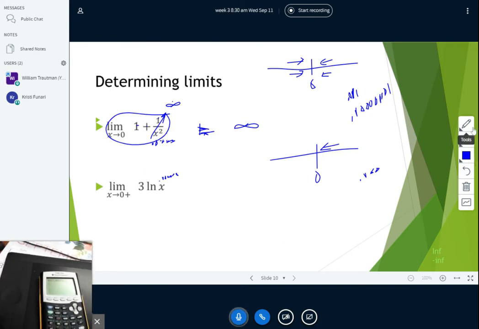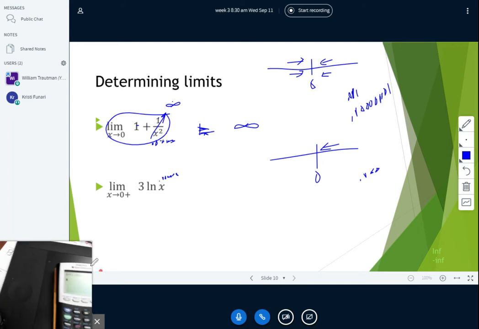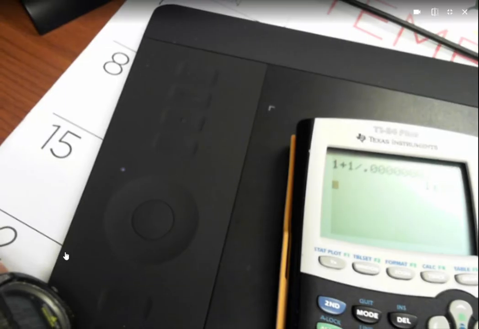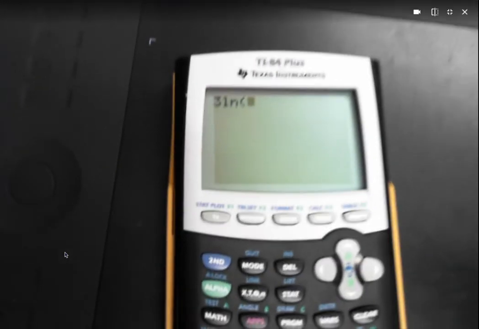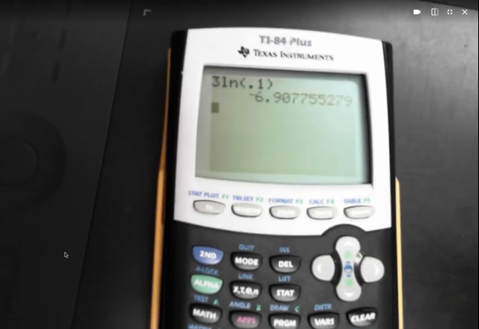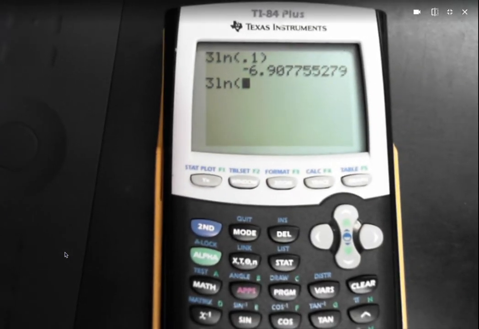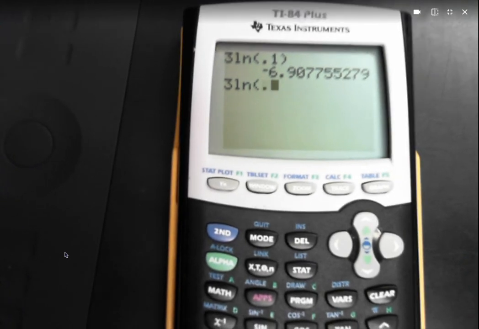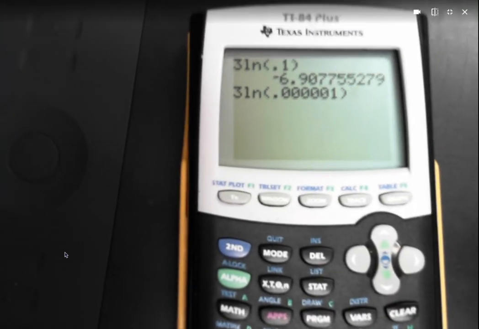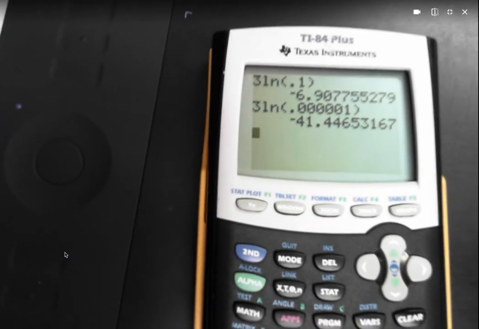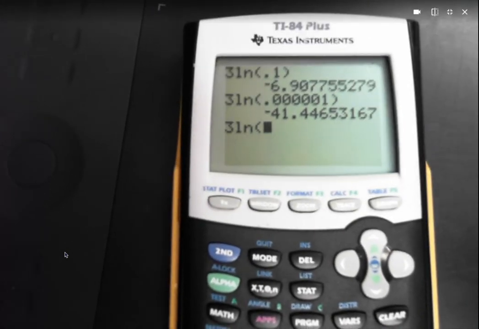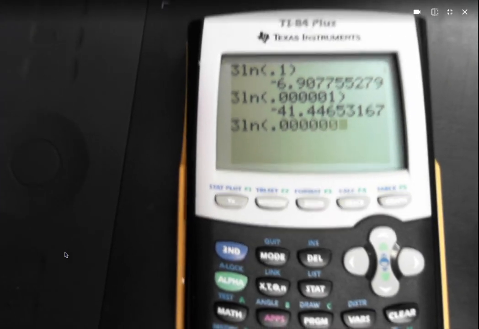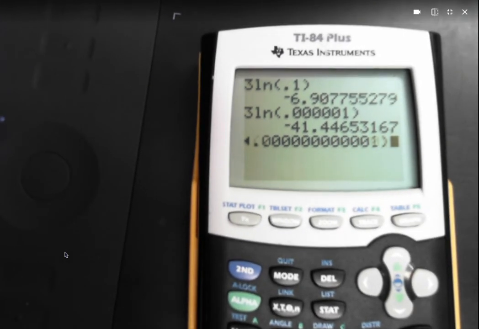I'm going to just show you what's happening here. It's really subtle at first. You can't tell. The 3 natural log x. So 3 ln, and I'm going to type in 0.1. And I get negative 6.9. Then I'm going to type in 3 ln, getting closer, 0.0001. I get negative 41. Then I'm going to do one more, 3 ln 0.001.